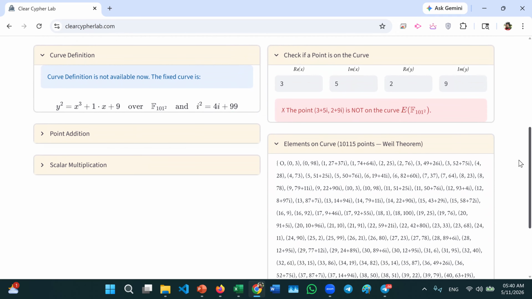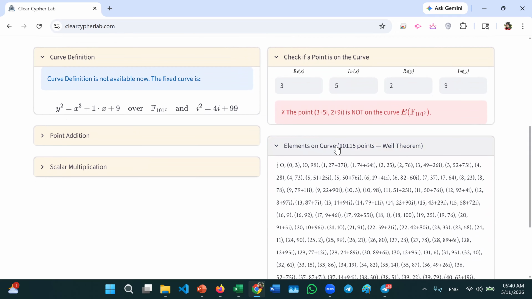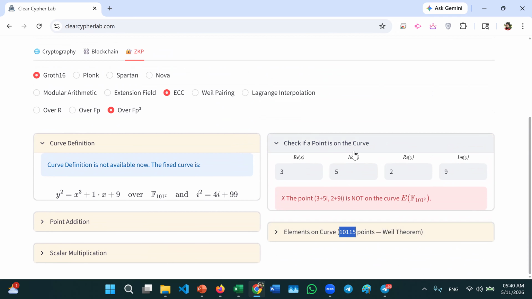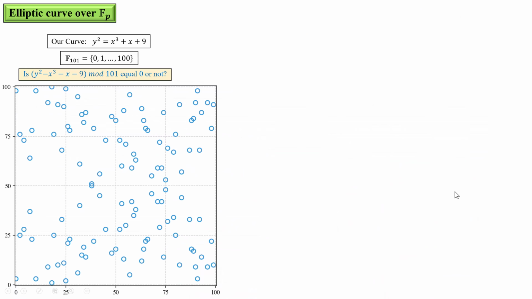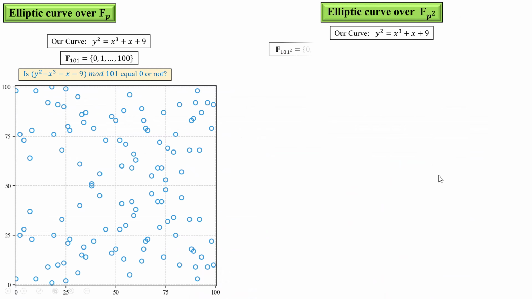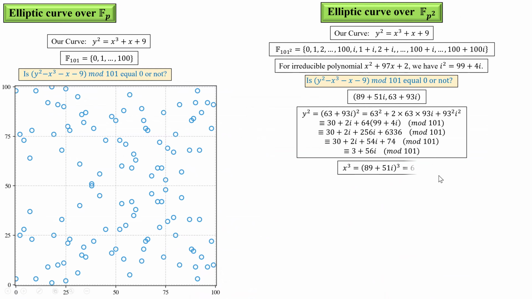But if you check other values, you can see that the list of accepted points is so big. For these values and the Weil algorithm that we will discuss later, around 10,000 points are accepted. So you remember that over F sub p we had around 100 points, but here we have around 10,000 points in the extension field, right?